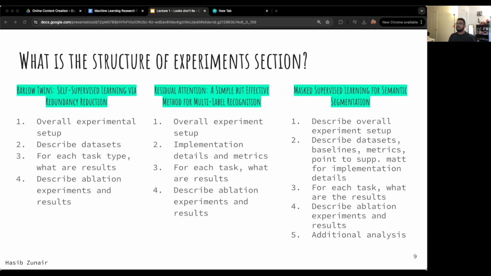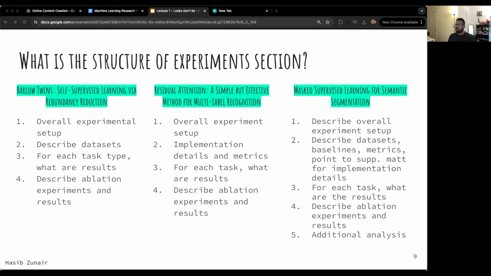For the first paper, we can see that they start with the overall experiment setup. They discuss the datasets, and for each task type, they discuss the results, followed by the ablation and additional results. For the second paper, they start off again with the overall experiment setup, followed by the implementation details and metrics. And for each task, what are the results obtained?